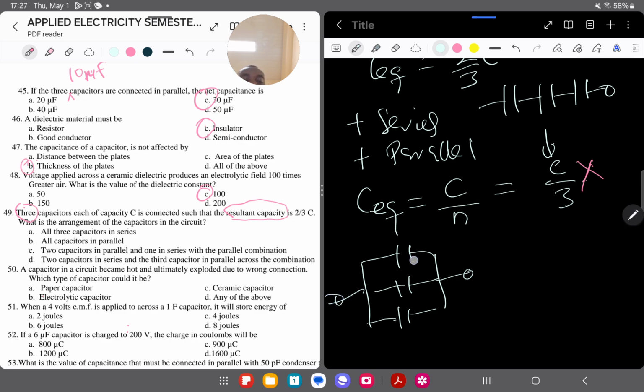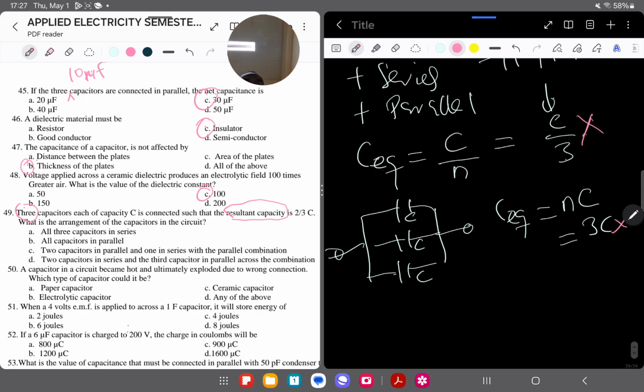This is C, C, C. So here again, the equivalent capacitance will just be what? The number of capacitors times the capacitance. We are dealing with 3 capacitors, so that will be 3C. You can see that this one too is giving us the wrong answer.